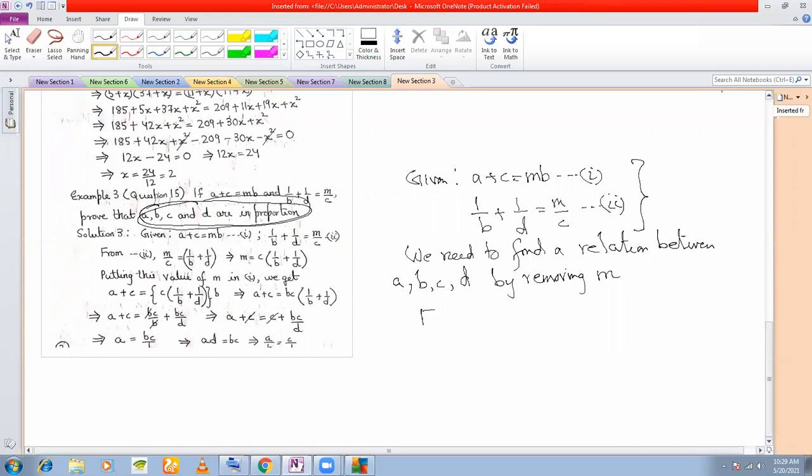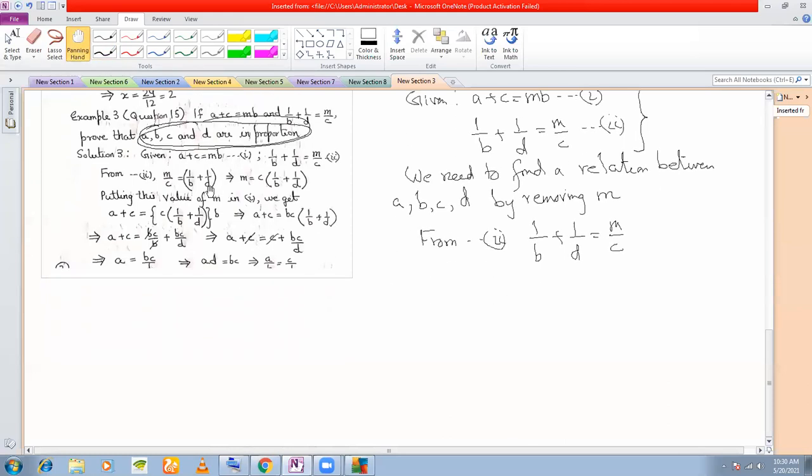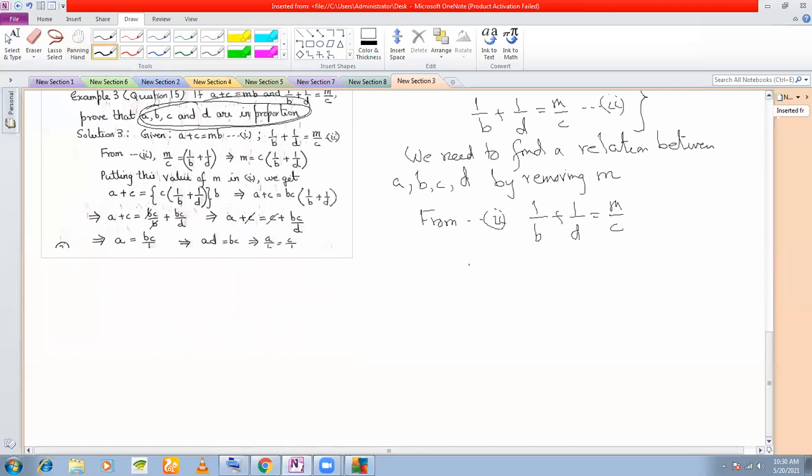So from 1, or from 2, from 1 also you can start. From 2, 1 by B plus 1 by D is equal to M by C. Now if you multiply both sides by C, what do you get? You get M is equal to C into 1 by B plus 1 by D. So you get the value of M.